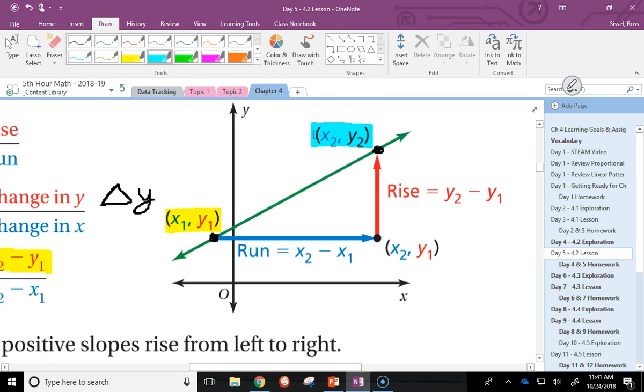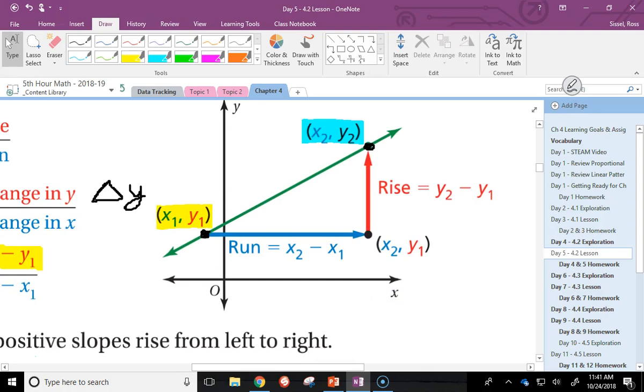It's the first point based off of what? When we look from the left, it's the first point on the left. So I can choose any point. I mean, if I would have chosen this point right here, this would have become x1, y1. But it's whatever point we've marked down, and it's the first one when we look left to right, just like we read a book. That's very important for today's lesson, because if you do it the opposite way, your slope's going to end up wrong.